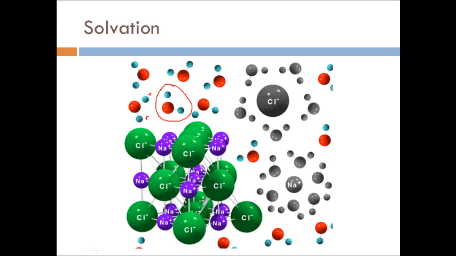All the water is going to surround the chlorine ion, and it's basically going to disrupt the bonds or the interactions between the chlorine and the sodium. So it's going to surround it completely as it's shown here, and it's going to break it off from the crystal and dissolve it in water. The same thing is true for the sodium, except the negative part, which is the oxygen, is going to be attracted to the positive end. And it's going to do the same thing.